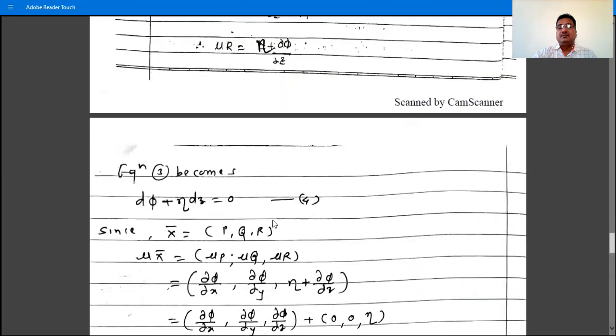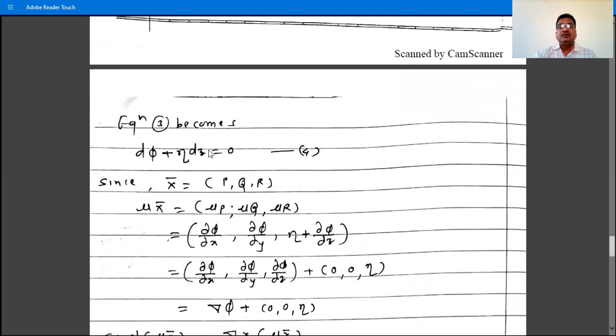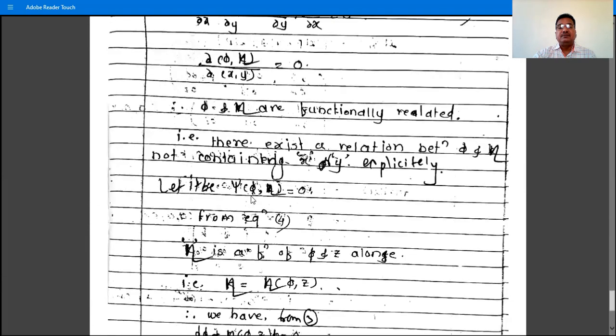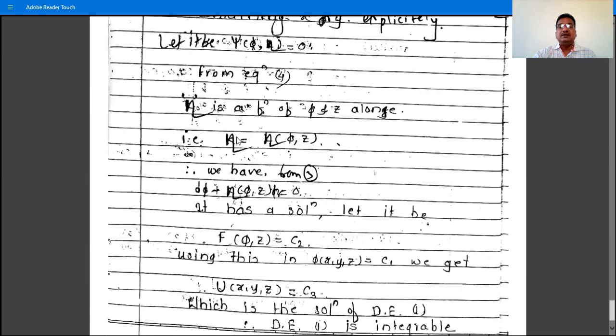So this is equation number 4. So ν is a function of φ and z alone. After solving this, suppose ν is equal to ν(φ, z), that is the function of φ and z alone. This is what equation number 4 indicates.